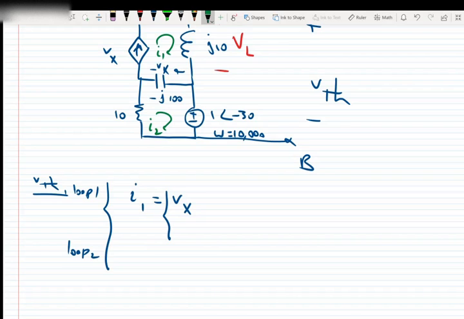The current going through the capacitor includes two currents, I1 and I2, because of the polarity, we say the current is equal to I1 minus I2, because I1 is entering from the positive terminal of the Vx and I2 is opposite, times the impedance, which is negative J100.